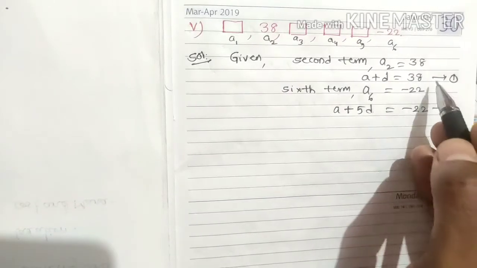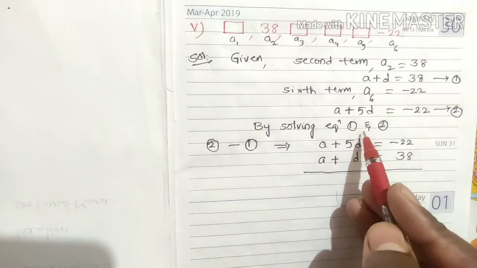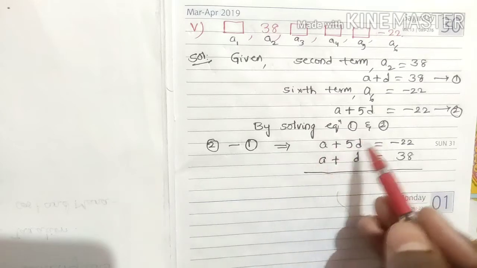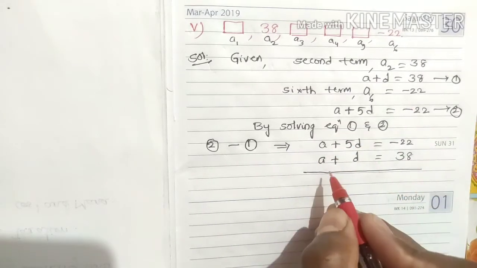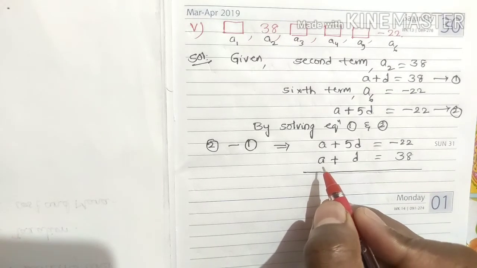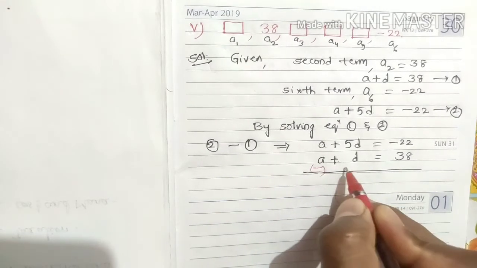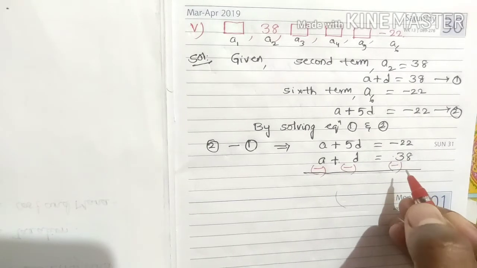Now we have to solve these two equations. By solving equations 1 and 2, second equation minus first equation we will do. So write the second equation first, minus the first equation. When we are subtracting the first equation, the term signs will change. Plus A will become minus A, plus D will become minus D, plus 38 will become minus 38.